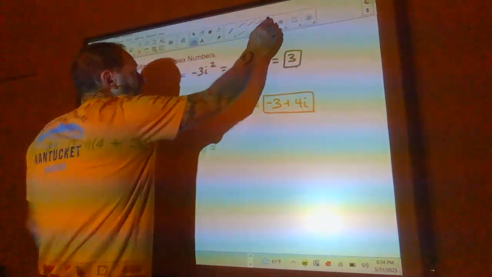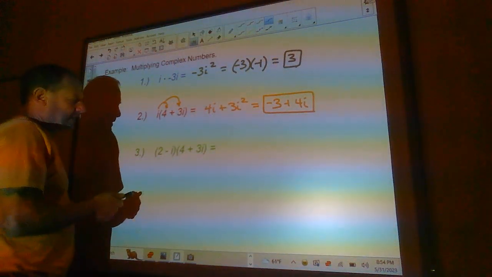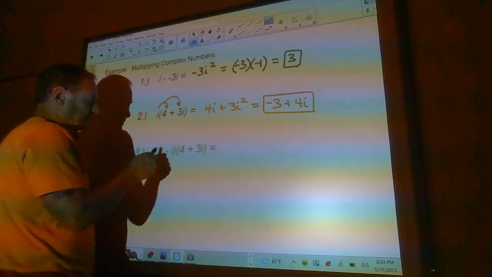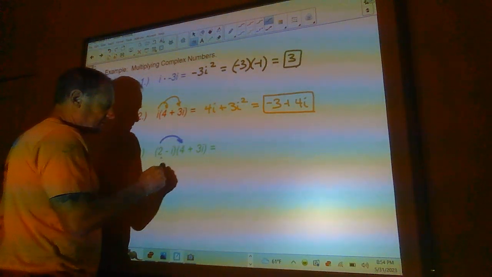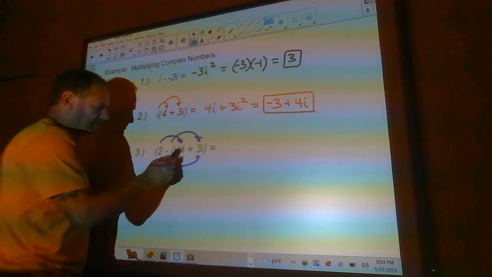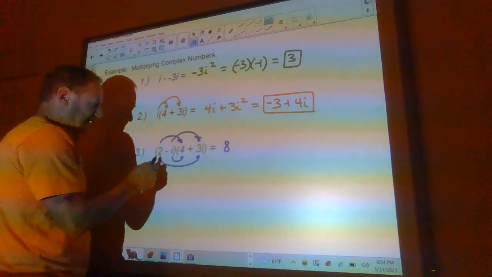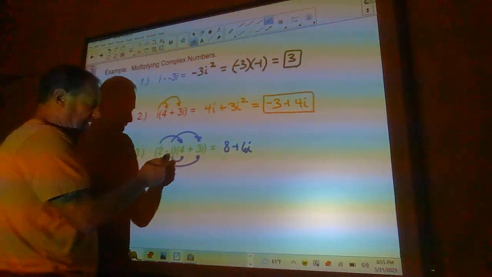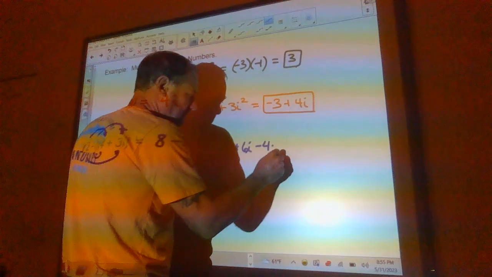Okay, what about this one? You're going to FOIL this, just like you would a binomial. So you're going to go first, outside, inside, last. First would be 8. Outside would be 6i. Inside would be negative 4i.